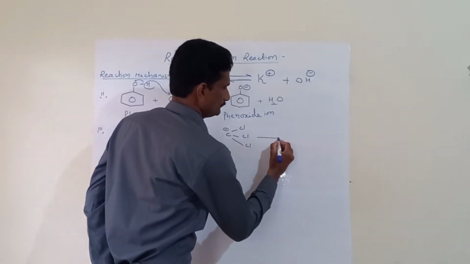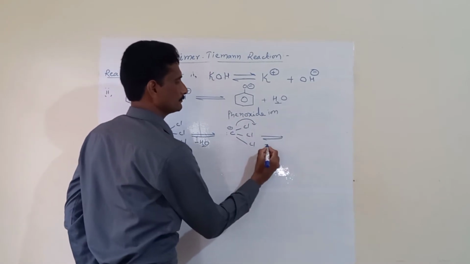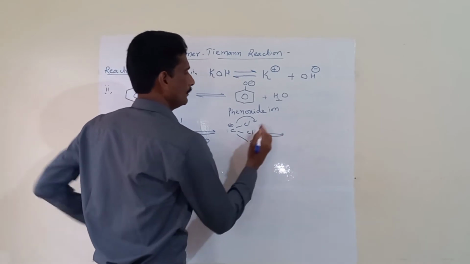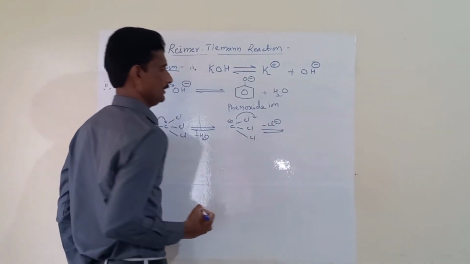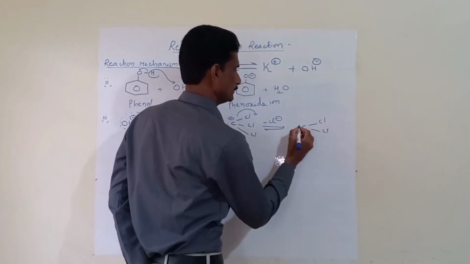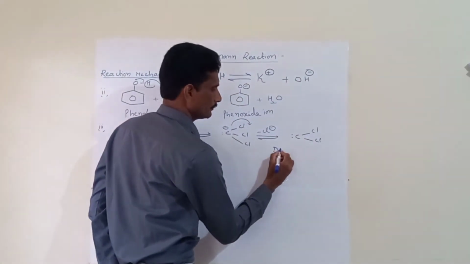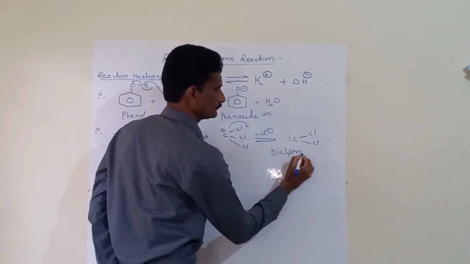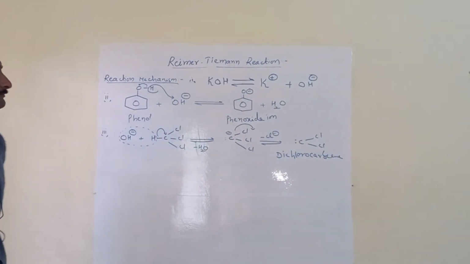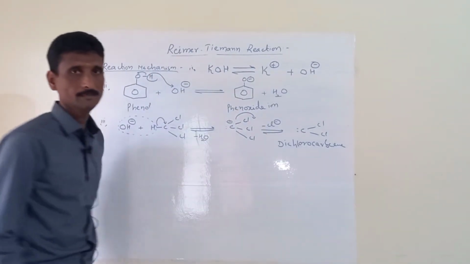By the loss of Cl minus, it is converted into CCl2 having 2 electrons. This is the intermediate dichlorocarbene. Dichlorocarbene acts as an electrophile.